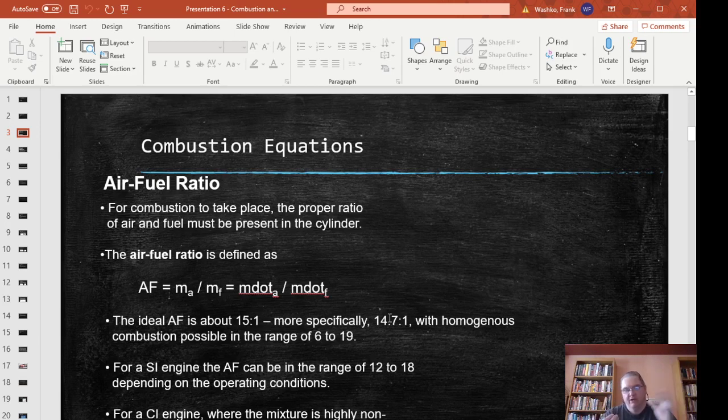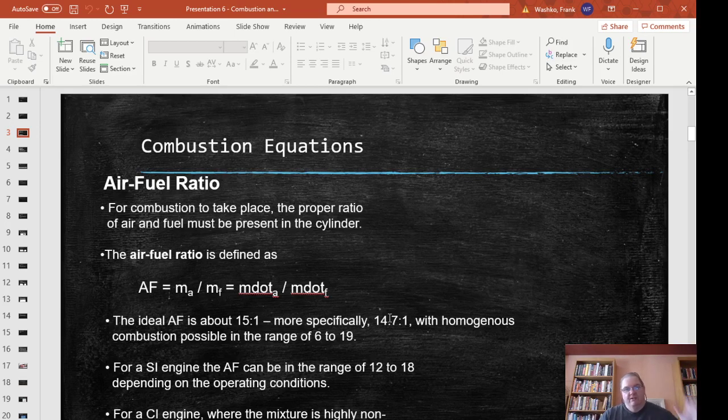It doesn't expand or contract that much, but the volume of the air does if it's hot or cold. So you have to make sure that you're doing this calculation not on a volume basis, which would throw everything off in a cold environment or a hot environment, but on a mass basis. It's specifically 14.7 to 1 that the engines are calibrated to run with.